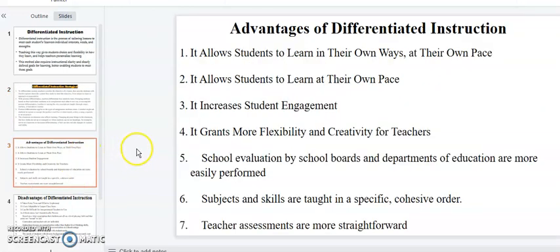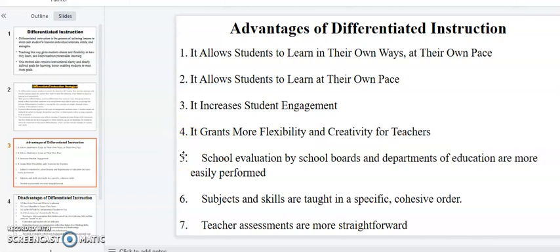Now, in this slide, I want us to look at the advantages of differentiated instruction. One, it allows students to learn in their own way and at their own pace. It increases student engagement. It grants more flexibility and creativity for teachers.